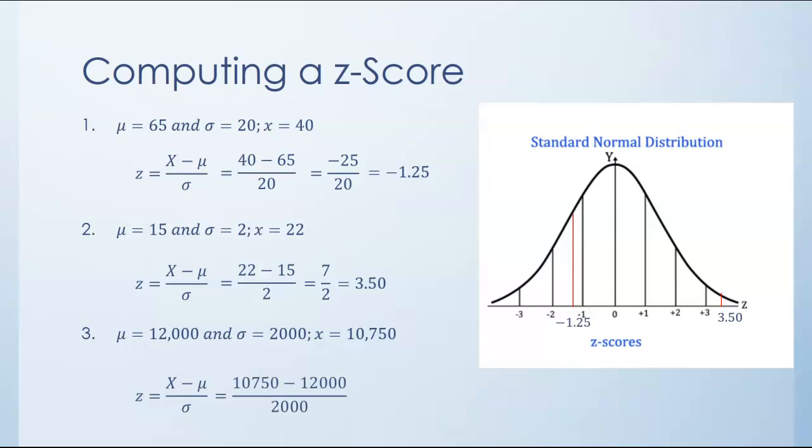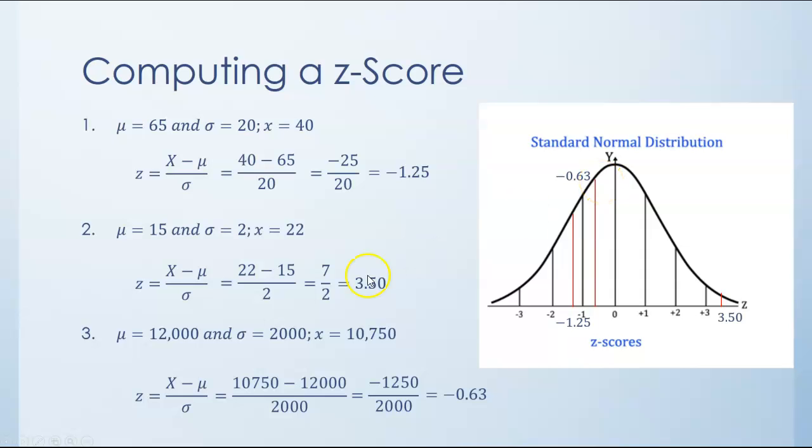So we've got 10,750 minus 12,000 divided by 2,000. So it's going to be a negative 1,250 divided by 2,000, which would give us a negative 0.63. So this is going to be on that negative side, not quite to negative 1, maybe about right there on our graph.